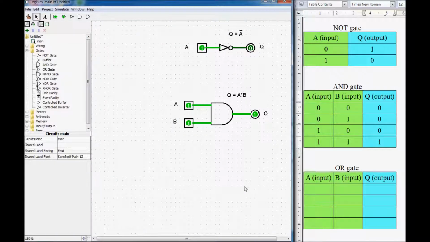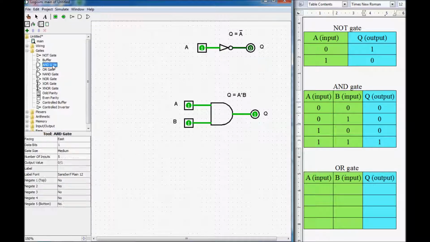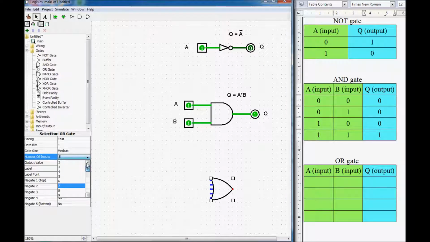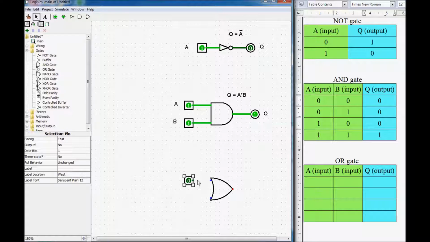Okay, and now we will continue with our last gate, with our OR gate. And OR gate we have here. Also in this case we will switch only to 2 inputs, and we will connect our first input, our second input, and we will connect our output.